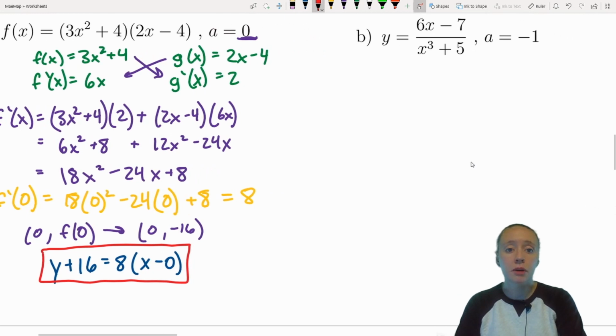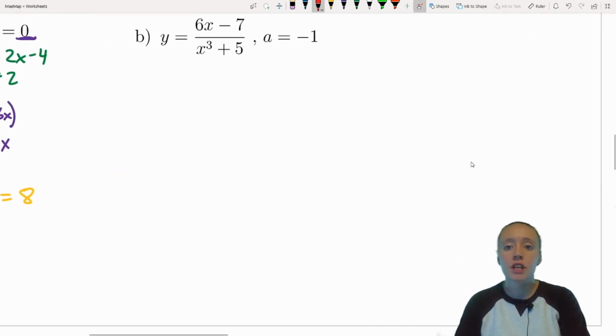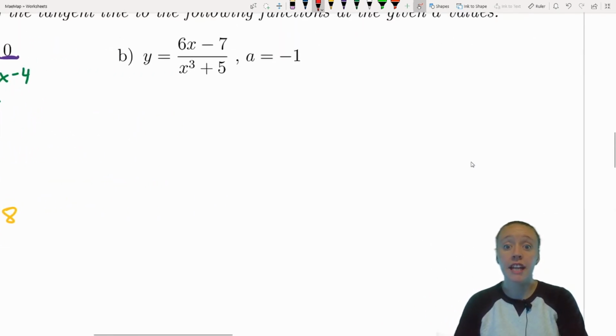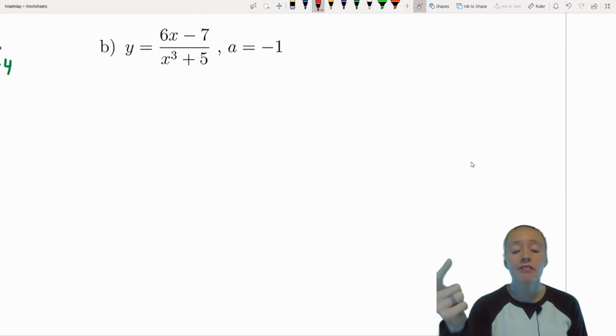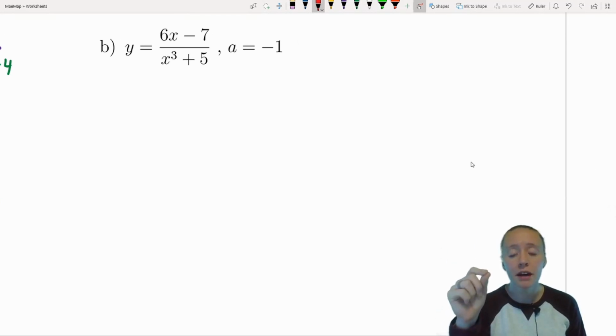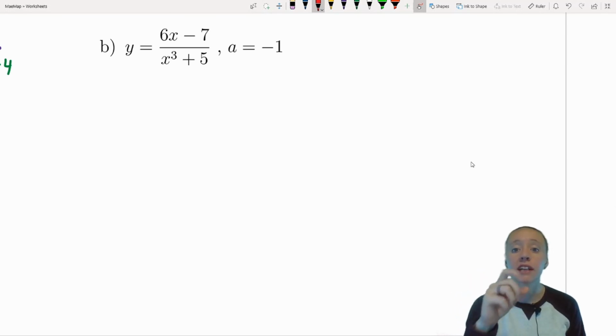Now moving on to part B, we're going to need to use the quotient rule in order to find that derivative. Once we get the derivative, we'll plug in our a value to find the slope at that point, and then also plug a back into the original function to find the point. We can then make a line.